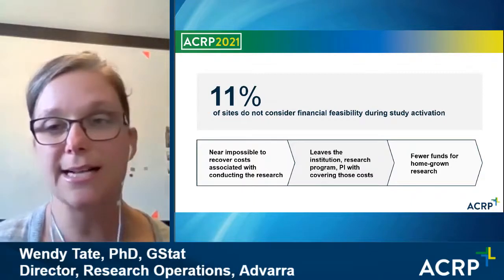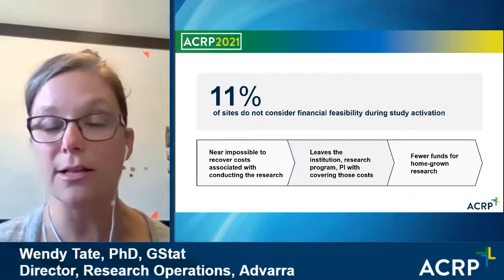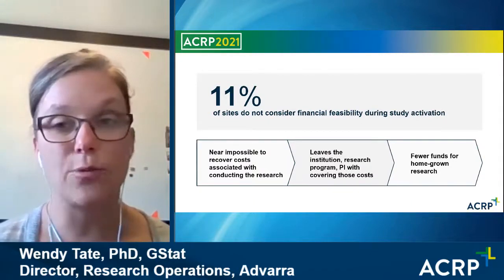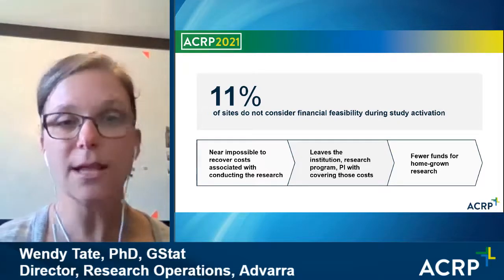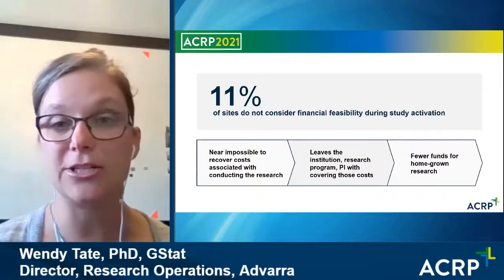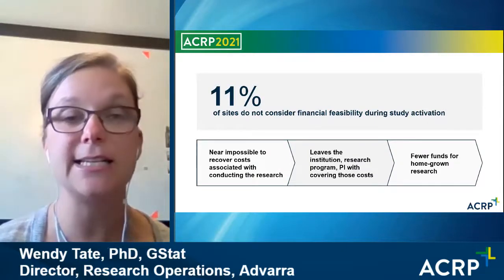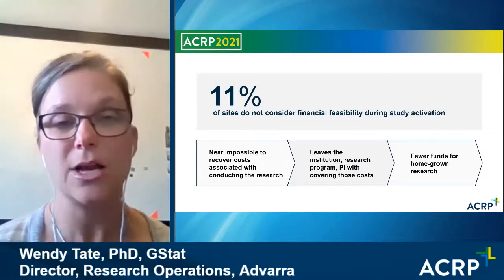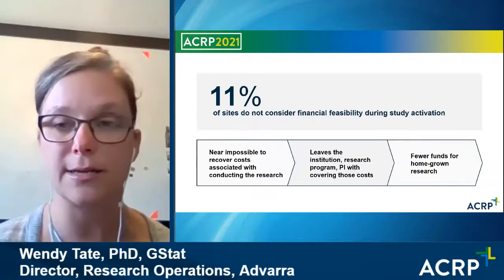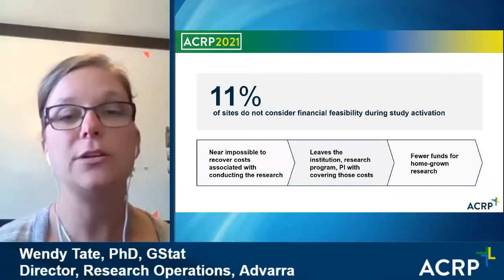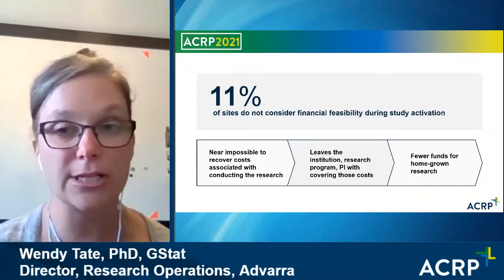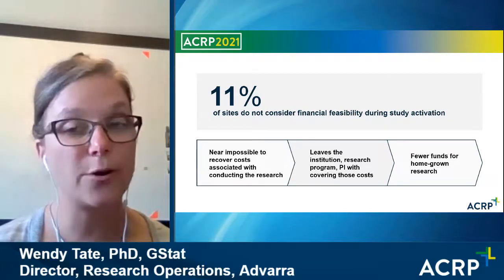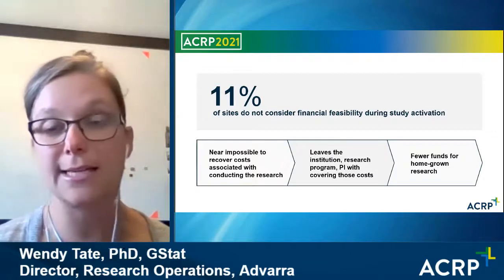That's 1 in 10 sites that aren't knowledgeable about whether or not they're going to break even on a study and they're going to be financially solvent in the long run. If you don't do financial feasibility during the study activation process, it is near impossible to recover your costs. You don't know how much it's costing up front to do the research. You need to make sure that you know this, because otherwise you're leaving a gap that the institution is going to have to fill, the research program is going to have to fill, or the PI is going to have to fill.